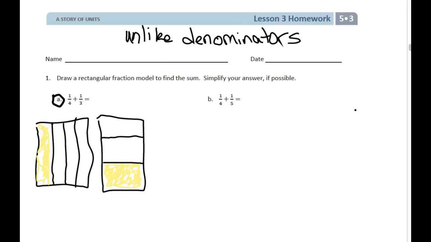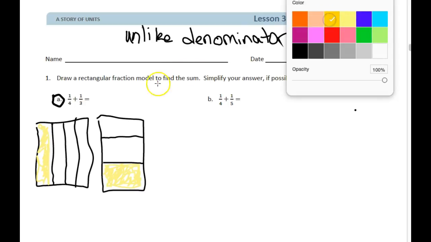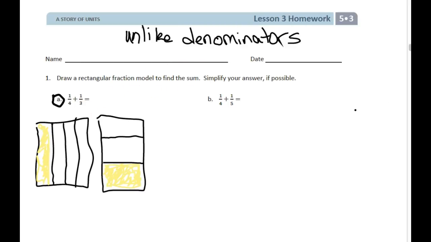So now I'm going to get another color. We'll go orange this time, and we're going to make common denominators. So I want these lines to match these ones. And I want these lines right here to continue on over, so it affects this one too. 1, 2, 3, and I already have a fourth line, so I don't need to make another one.